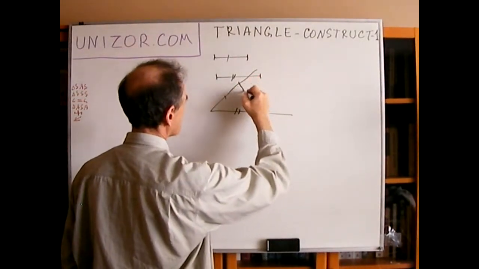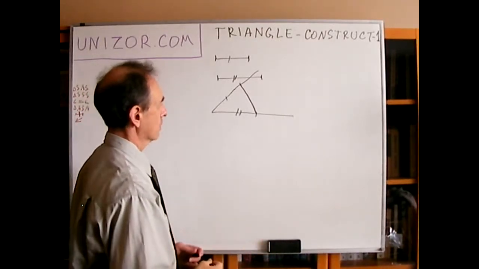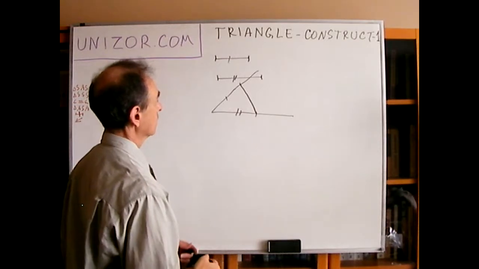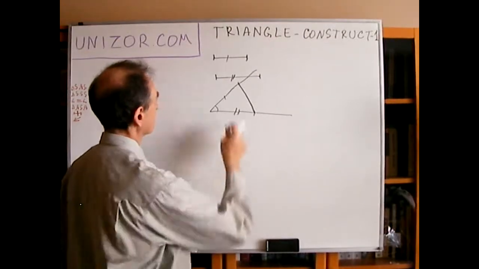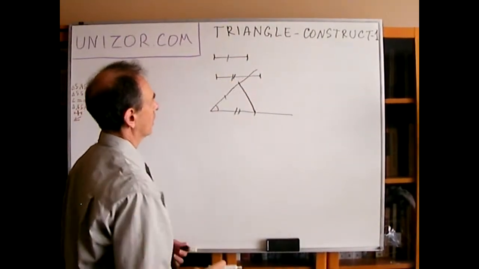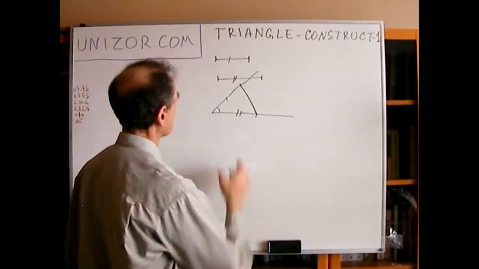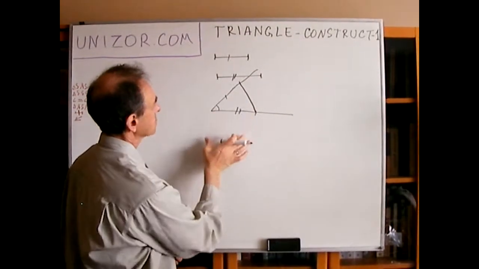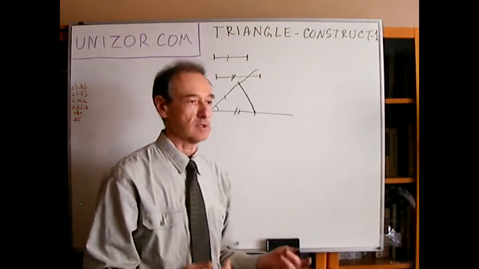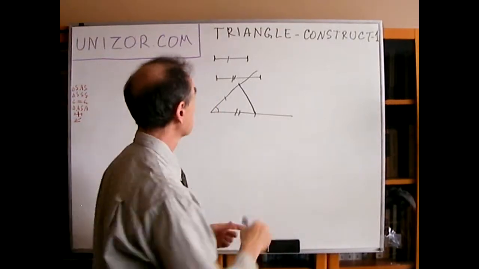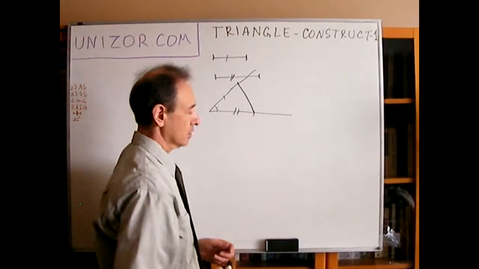So now we can just connect these 2 points together using the ruler, let's say, and here we have a triangle. It has an angle given to us, and it has one side which has an equal length, since we are using the compass, which means it's congruent to a first segment, and another side which is congruent to another segment, which means we have actually constructed a triangle by these 3 elements, 2 segments which constitute their sides and the angle in between.